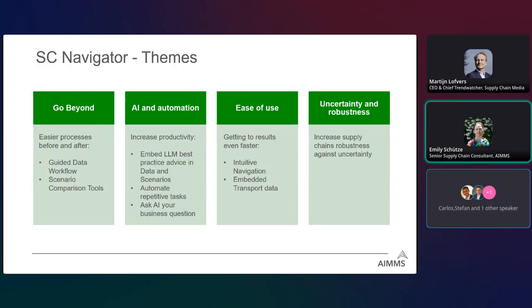We think AI has a very big role to play in improving productivity in network design. So both the data initiatives and the scenario comparison initiatives will use a lot of AI functionality to make them easier. We'll also be embedding it in the optimization tool to automate some of the repetitive tasks to do with changing data or creating scenarios.